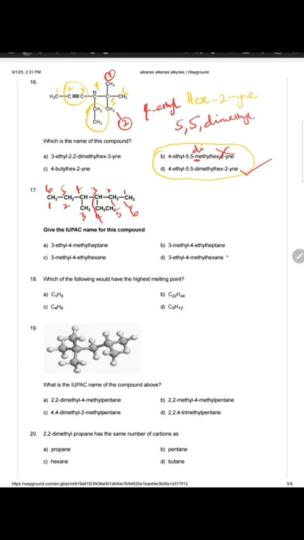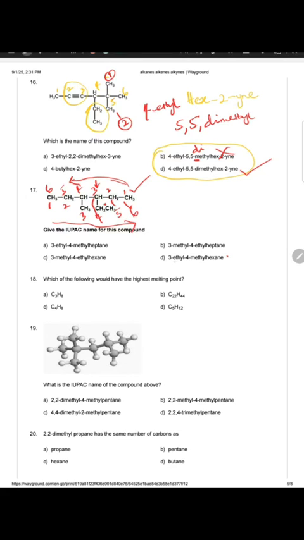So in this case, if we count from right to left, the substituent with the lowest number is going to be this ethyl that has the 3rd position. Well, if we count from the other way, the ethyl is going to have the 4th position. Do you get it? It's going to be on the 4th carbon. But if we count from this side, it's going to be on the 3rd carbon. So we are going with this counting.